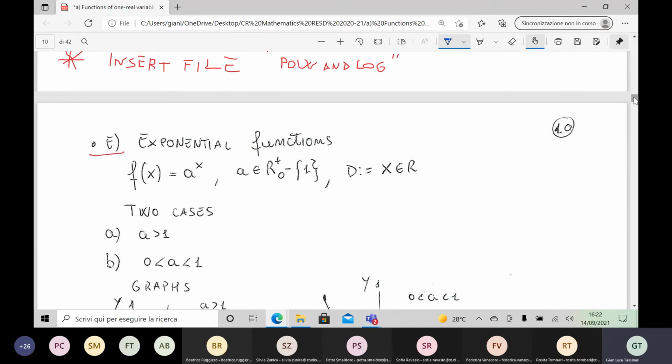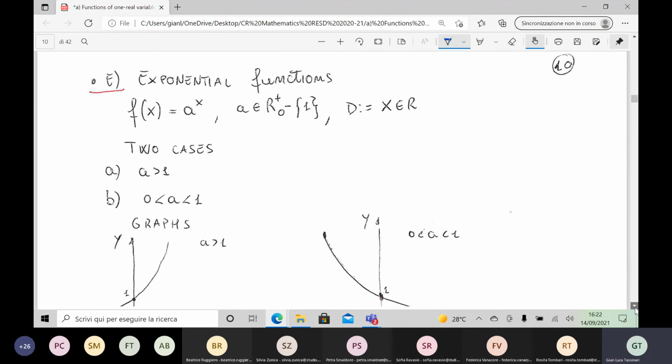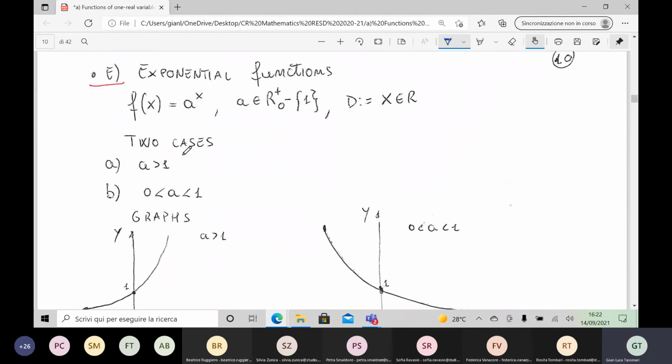Okay, stop, guys. Exponential functions. So here is the general definition of an exponential function. Exponential function, guys, as I told you, you write f of x or you write y, it is the same. f of x equal to a to the power x, where a belongs to R0 plus.